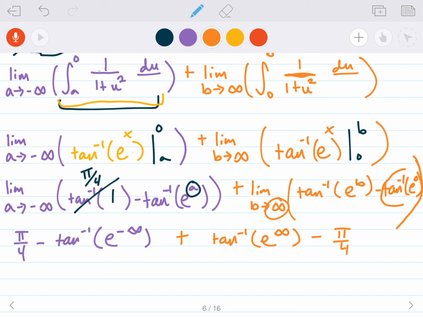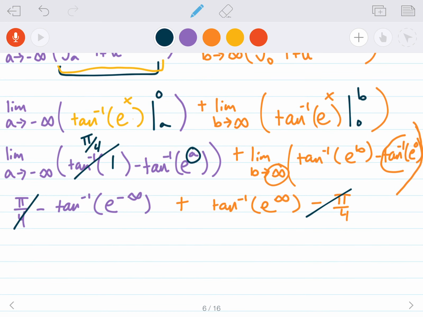That's cool. All right, nice. Well, something nice here is, let's see, what's nice here? These guys cancel. And I'm simply left with negative tan inverse e to the negative infinity plus tan inverse of e to the positive infinity.